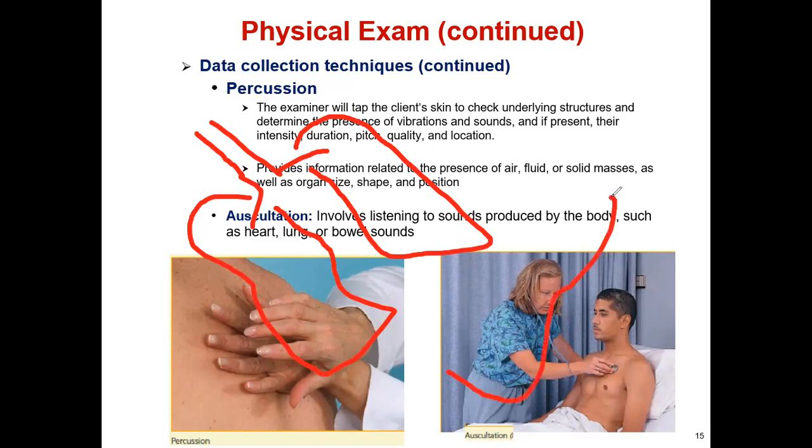You are going to palpate the liver, and you find the liver is enlarged. It is called hepatomegaly. So you can keep a note of the size of the liver, the shape of the liver, and also position, how far it is enlarged.